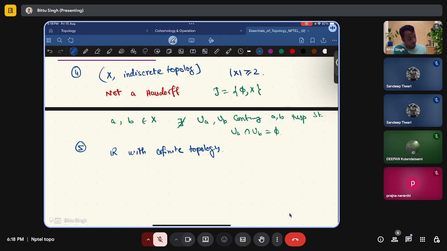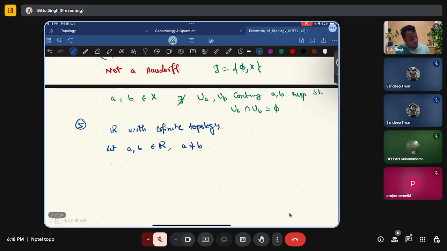Let A, B be two different points in R, such that A is not equal to B. Now let us try to separate those two points. Suppose it is Hausdorff.